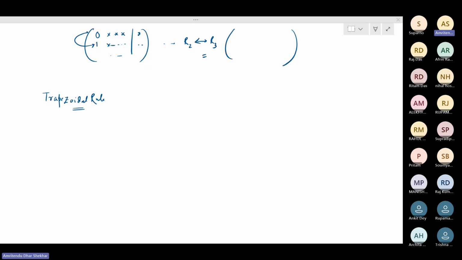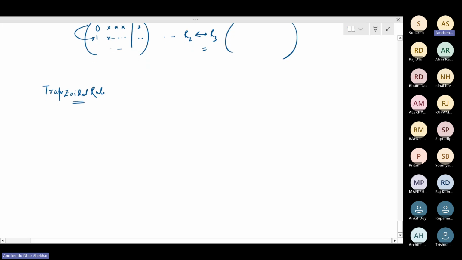For the trapezoidal rule, the idea is basically like this. This is the most intuitive idea: if you have some function f of x, and we want to compute the integral from the interval a to b, the idea is that you chop the interval into some number of pieces.